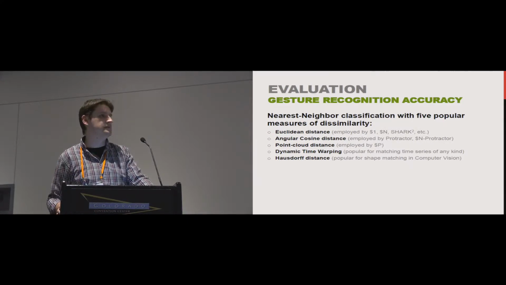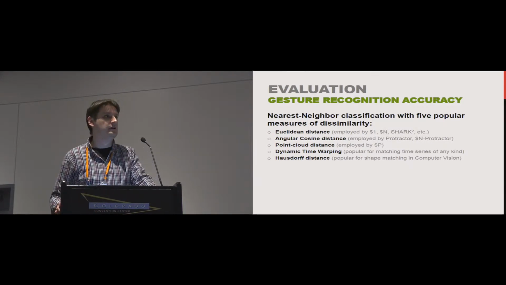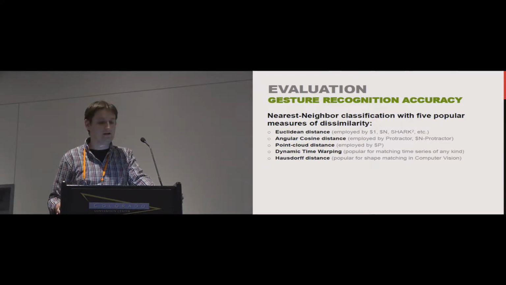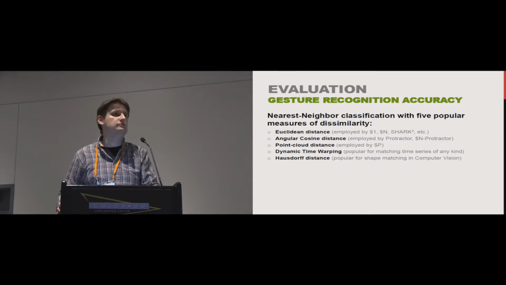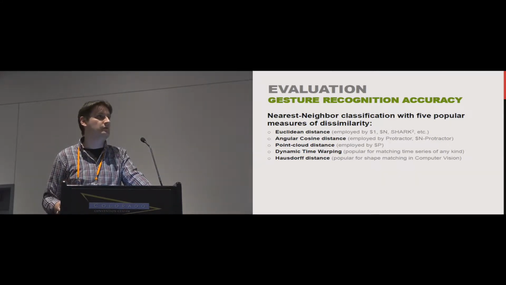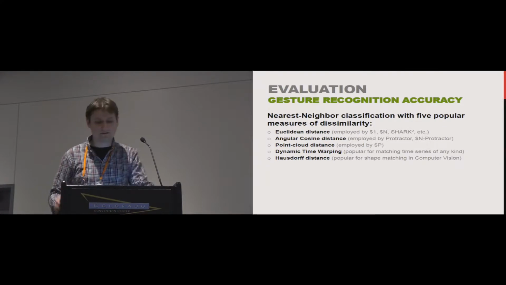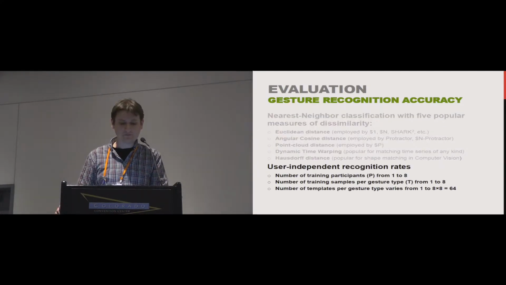So I've used the Euclidean distance, which is part of the $1 recognizer, the angular cosine distance employed by the Protractor, and the point cloud distance of the P-dollar recognizers. And I've also included in the analysis the dynamic time warping dissimilarity function and the Hausdorff distance because of their popularity in other fields of studies.